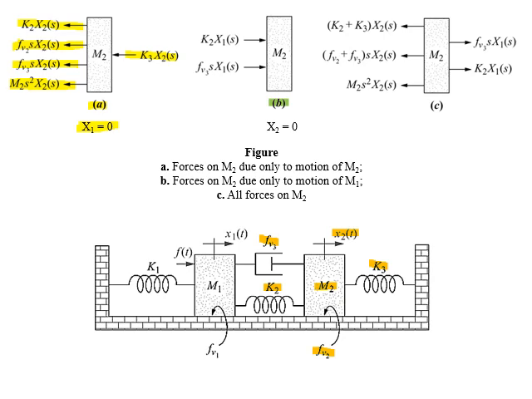Now, figure B shows all the forces acting on or experienced by M2 when M1 is moving and M2 is held stationary.